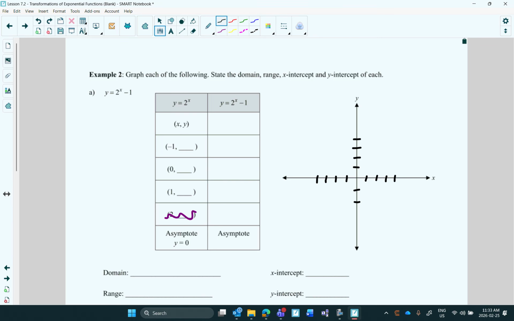That should be sufficient. So 2 to the x we've already seen. -1 is a half. 0 is 1 and 1 is 2. So we know it goes like this. So remember, that's 2 to the x.